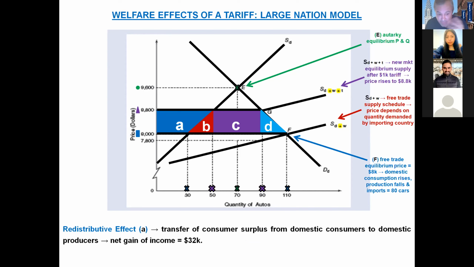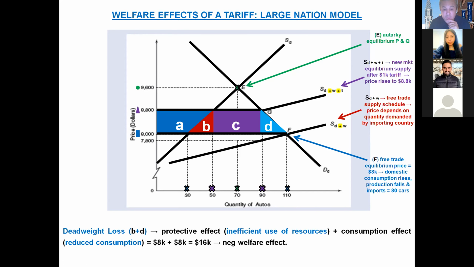So we have our redistributive effect here, which we've added up. It's $32,000, which represents a gain of income. We have the deadweight losses, which is your inefficient use of resources, your protective effect plus your consumption effect, which adds up to $16,000, which of course is a negative welfare effect.